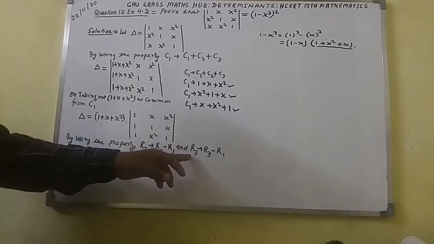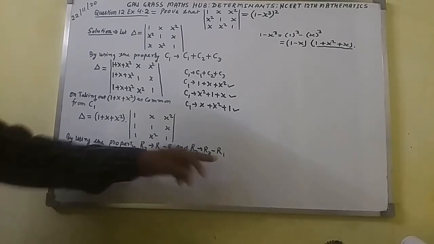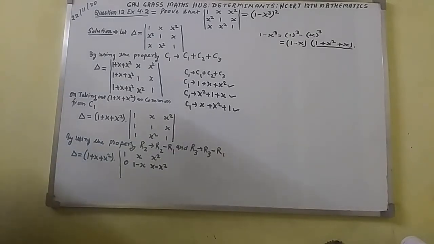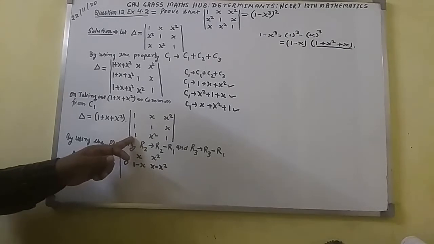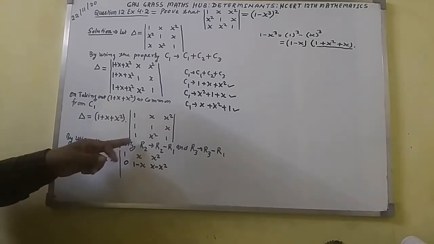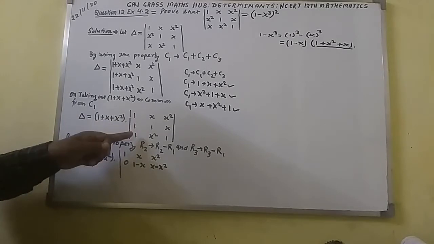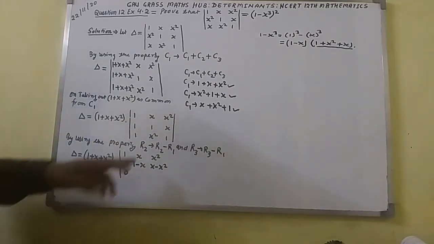For R3 goes to R3 minus R1, changes will occur only in the third row. If I take the element of R3 as 1 minus the corresponding element in the first row, which is 1, 1 minus 1 comes out to 0.